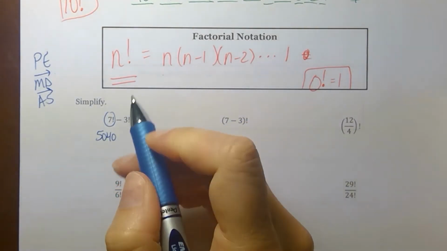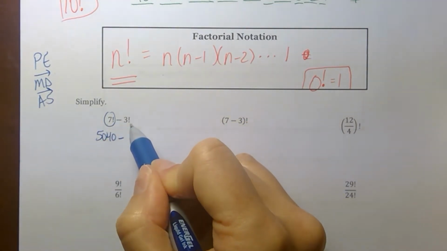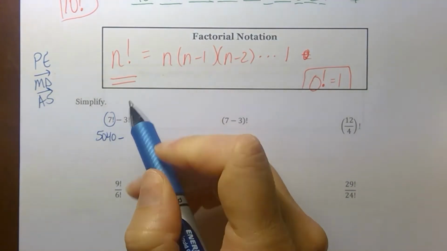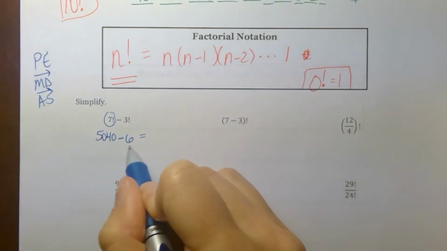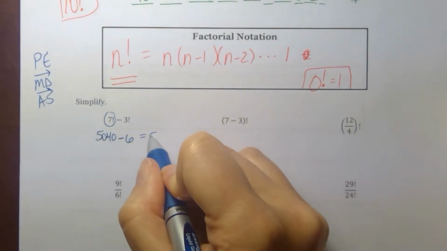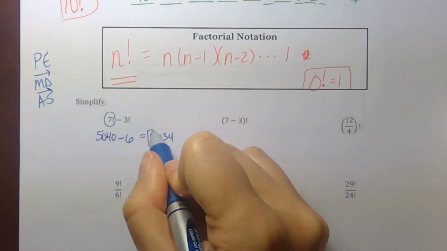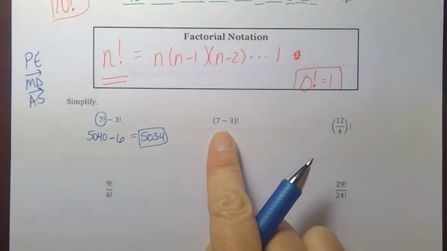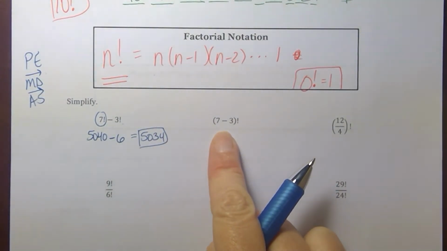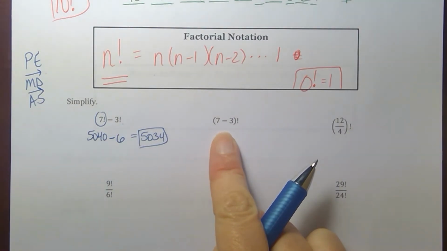Loud out there. Minus 3 factorial is just 3 times 2 times 1, so that's just 6. I can do that easily in my head. But the important thing here is that the correct result is 5,034.